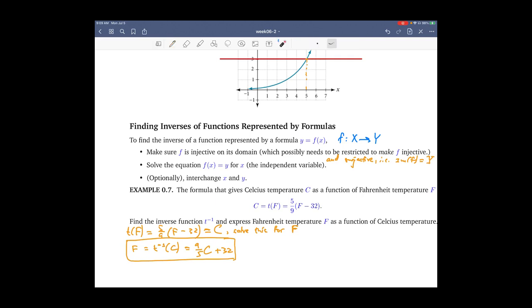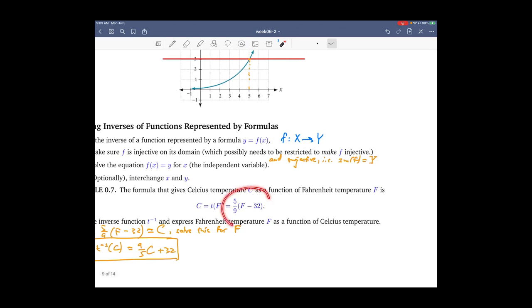Note, by the way, that we didn't check in this particular case that our function T was injective and surjective. It definitely was, because this is a straight line, 5/9 times F minus 32.